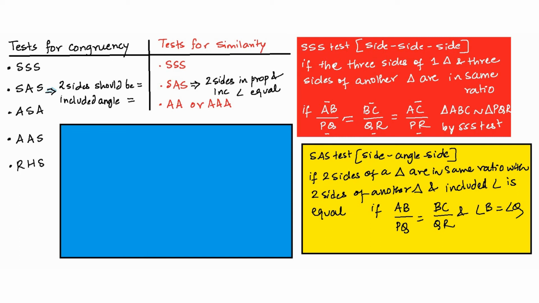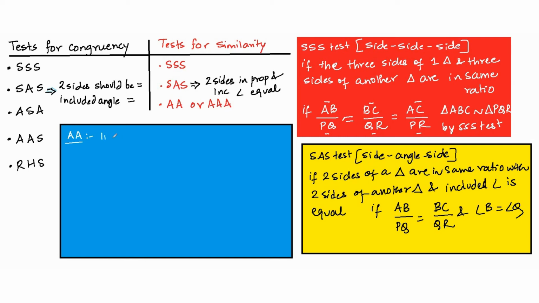If two angles are 60 and 40, then the third angle automatically has to be 80 degrees in both the triangles, because both will satisfy the angle sum property of the triangle. The sum should be 180. That's why instead of comparing all three angles, it is sufficient to compare two angles of a triangle.